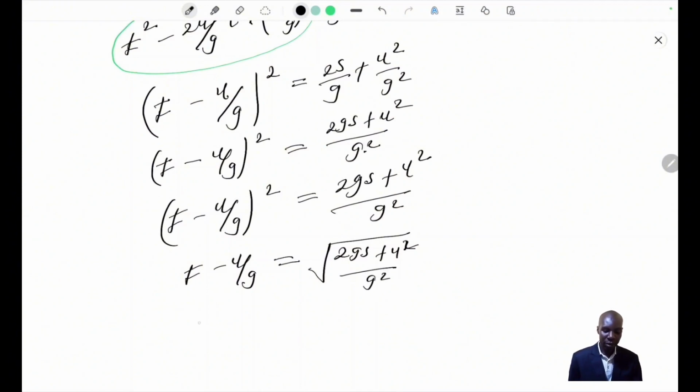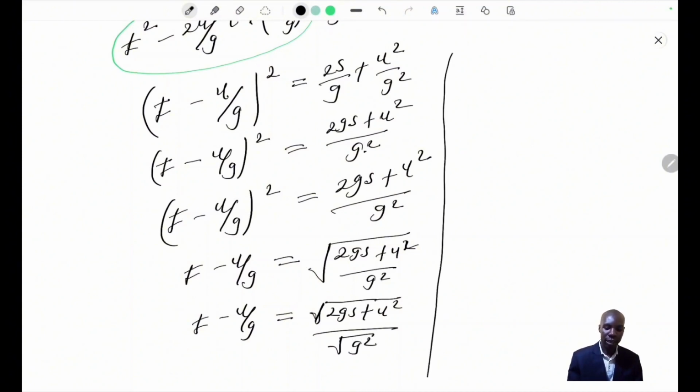Then that means t minus u over g is supposed to give us the square root of 2gs plus u squared over the square root of g squared. So that tells us t minus u over g is equal to plus or minus the square root of 2gs plus u squared over g alone, since the square root of g squared is g.